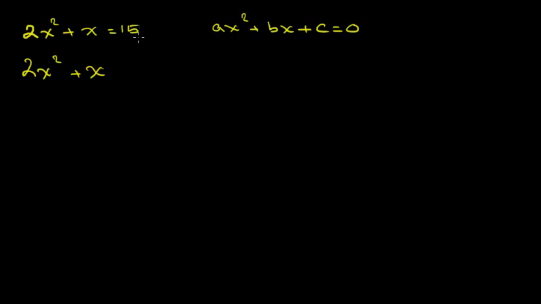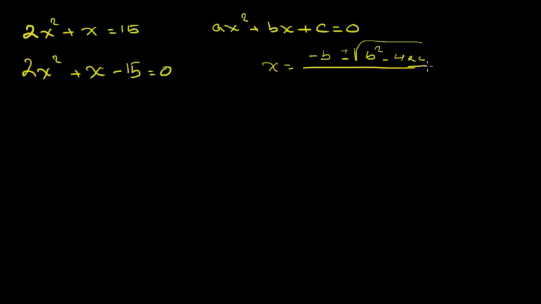We remove 15 from the right side and bring it to the left side, and the sign will change to minus 15 equals 0. Now we can plug it into our quadratic formula, which is x equals minus b plus or minus radical b squared minus 4ac over 2a, right?